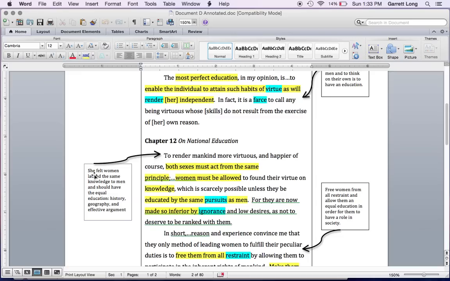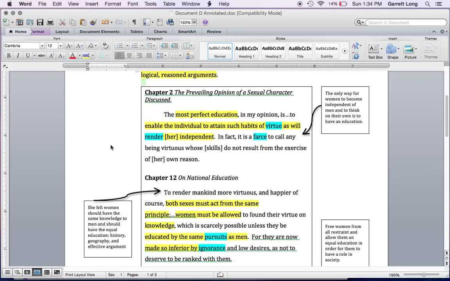On this first paragraph under chapter 12 to the left, it says she felt that women should have, not lack, but should have the same knowledge as men and should have the equal education.